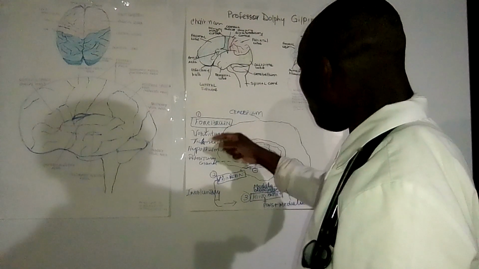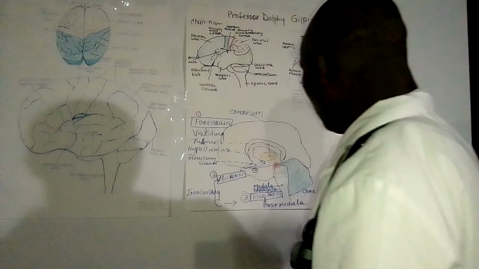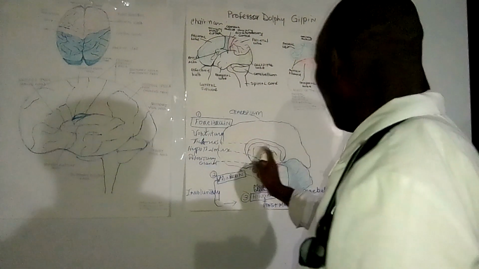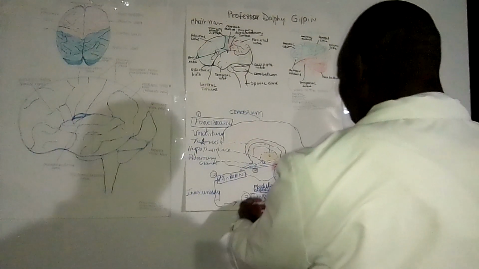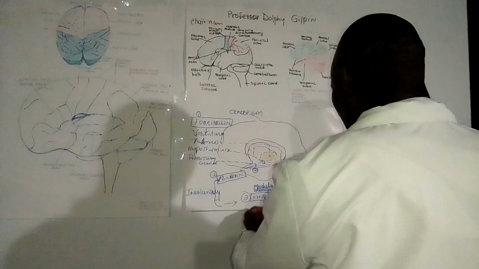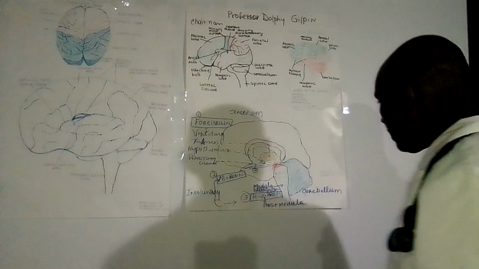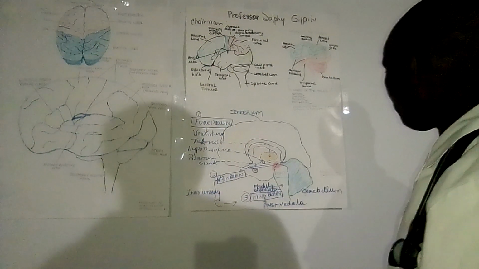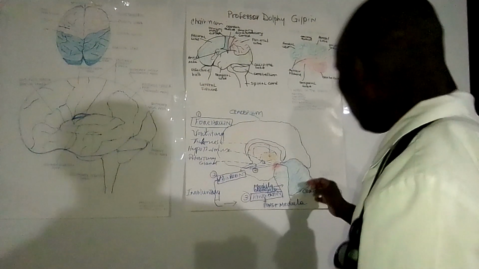The physiology would be, for the forebrain, a voluntary function, and it consists of the thalamus, the hypothalamus, and the pituitary gland. The hindbrain consists of the medulla oblongata and the pons here, and it also consists of the cerebellum right here, which is for balance and motor function.